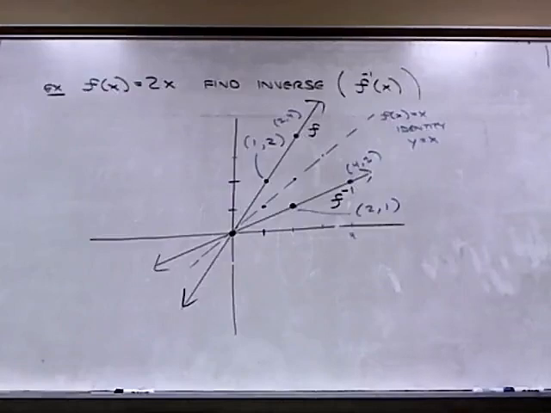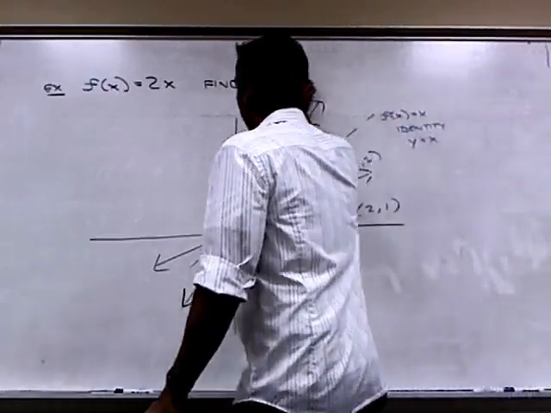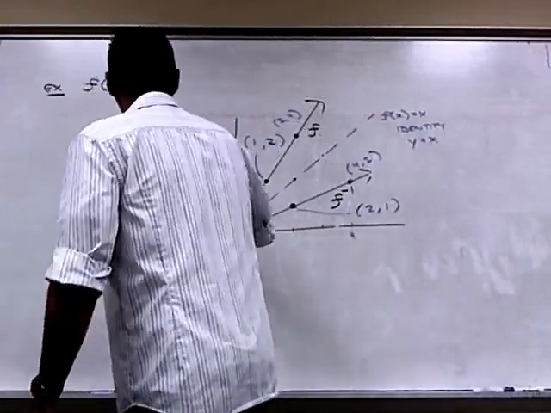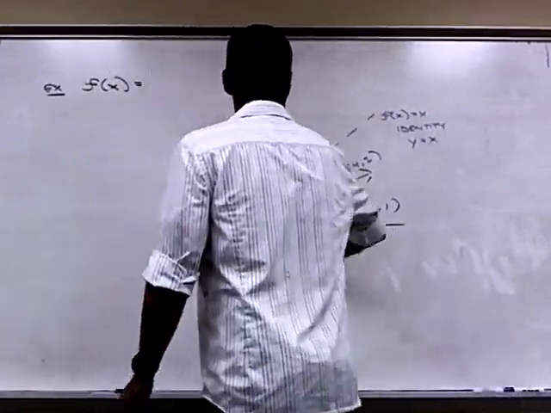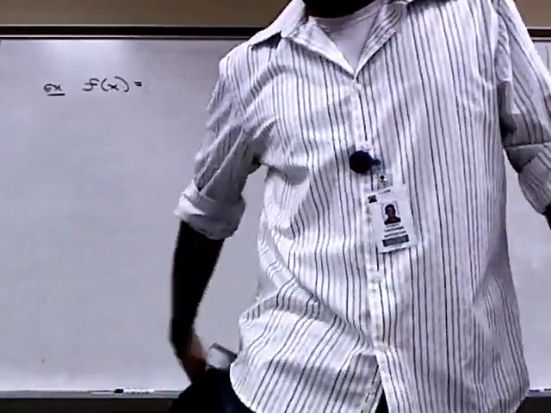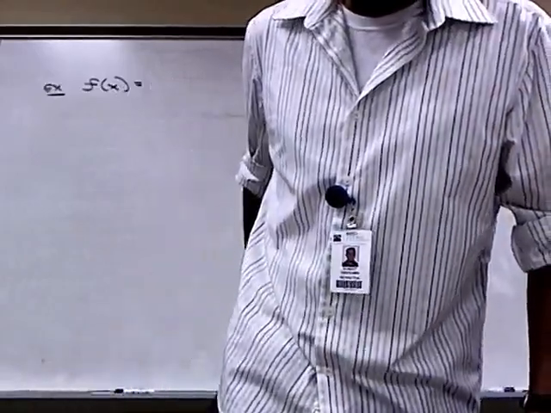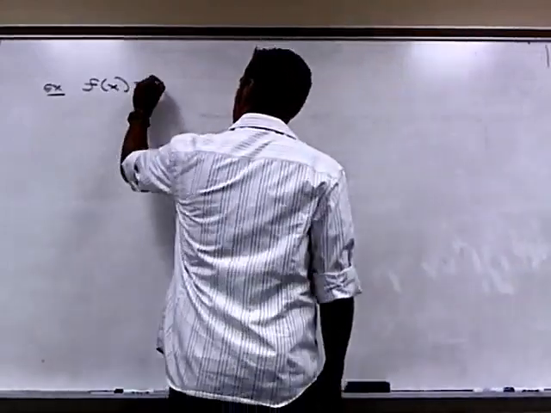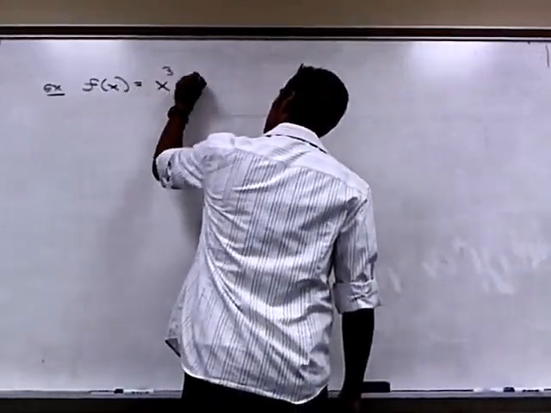All right, so there's function and its inverse. Let's try something more complicated. Same instructions. Let's find the inverse of f of x equals x cubed minus 2.